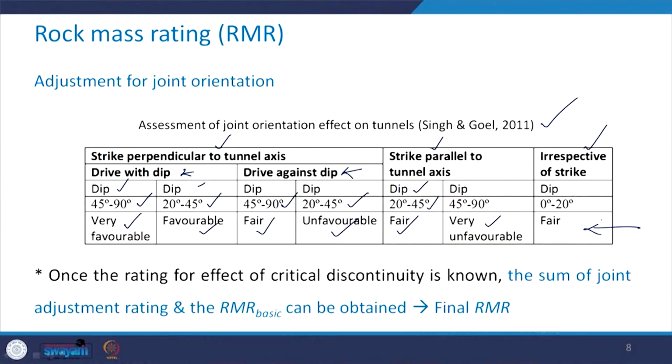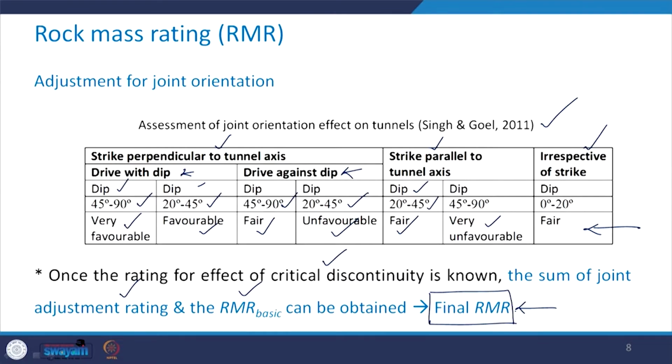Similarly, you can decide for slopes or foundations on weak rocks. First you use this table and decide which condition it belongs to, and then refer to the previous table for the corresponding value of the adjustment for joint orientation. Once the rating for the effect of the critical discontinuity is known, the sum of the joint adjustment rating and RMR basic gives you the final value of RMR.